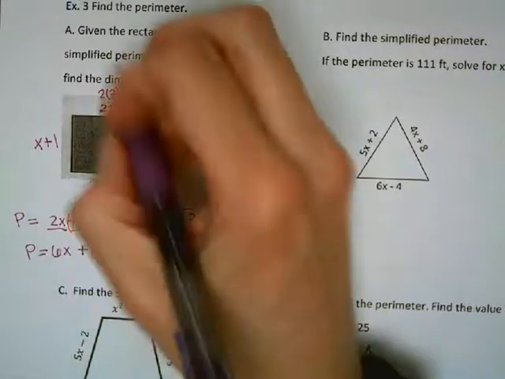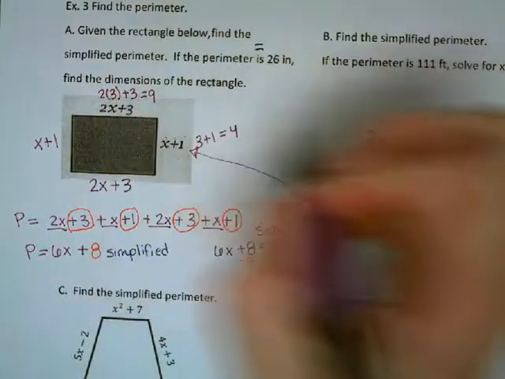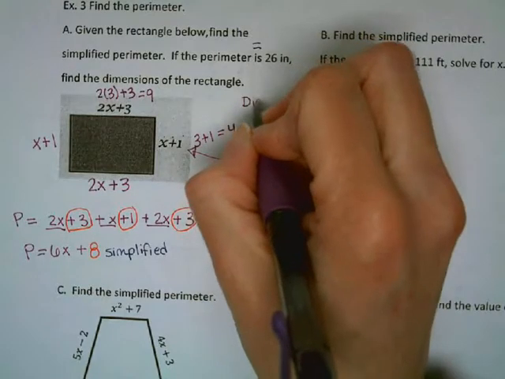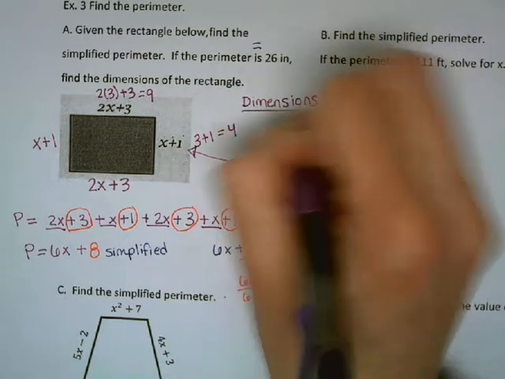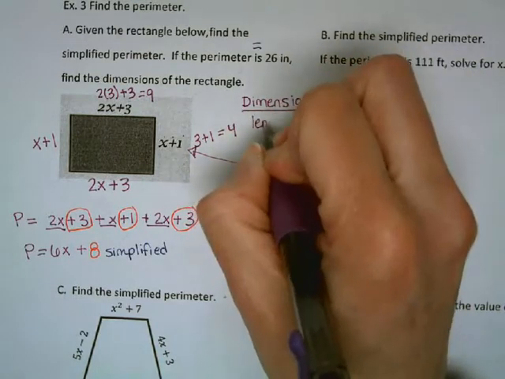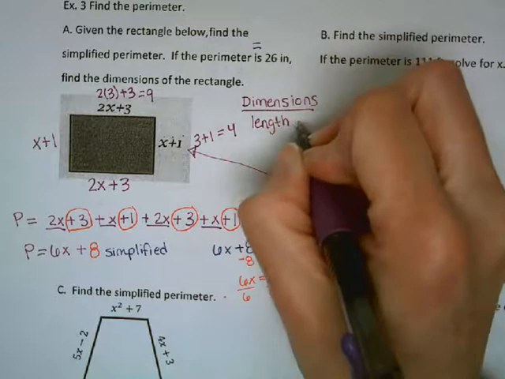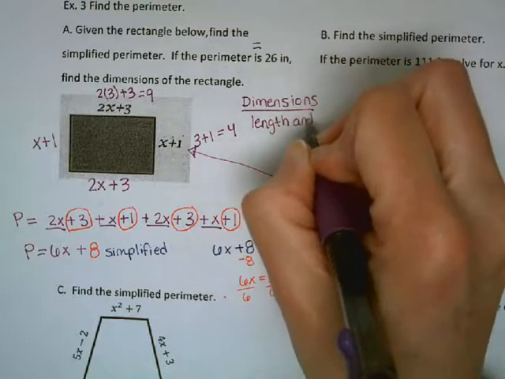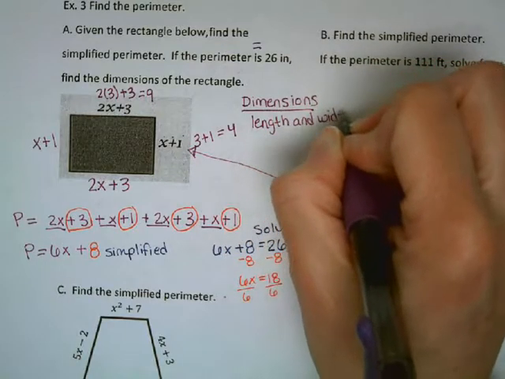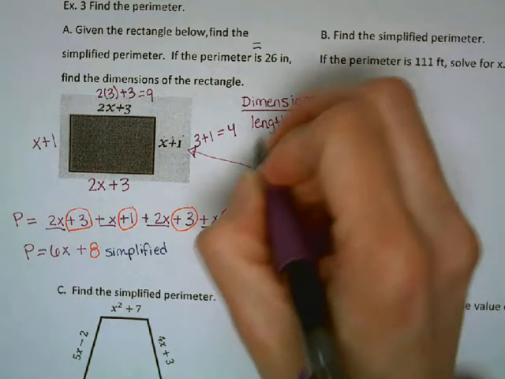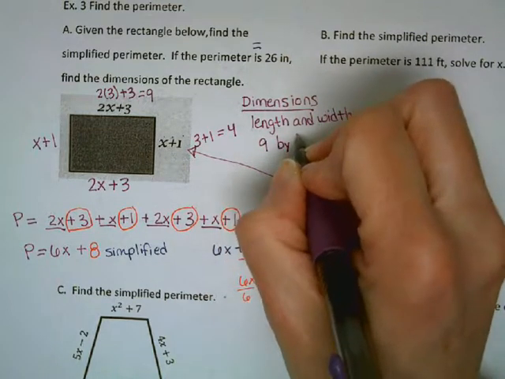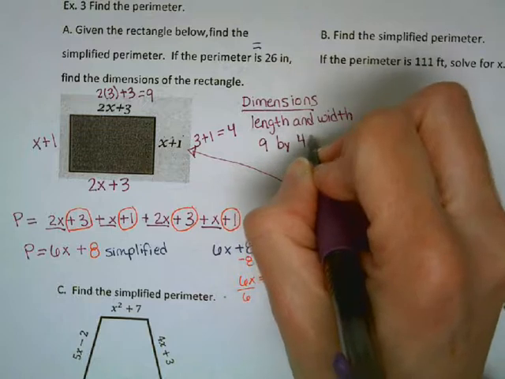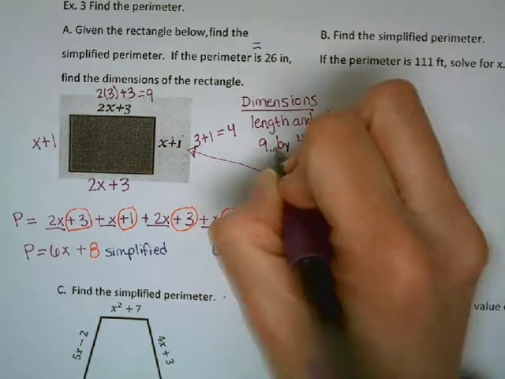So the word dimensions, that's like your length and width. So we could say 9 by 4. Because those are inches within inches. So 9 inches by 4 inches. Those would be the length and the width of that.